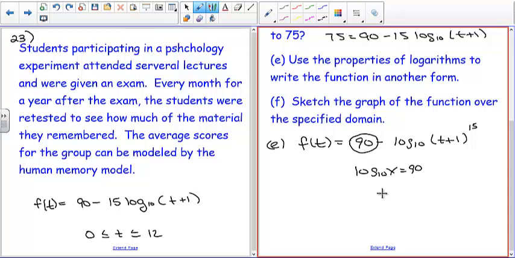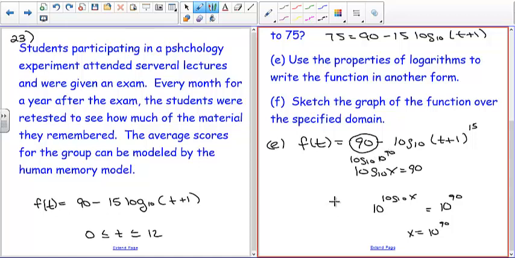What we'll find out in the next section is you'd say, okay, I'm going to take 10 raised to the log base 10 of x is equal to 10 to the 90th power. And because those are inverse functions, you get x, so you'd have 10 to the 90th power. So you could write this as log base 10 of 10 to the 90th power.